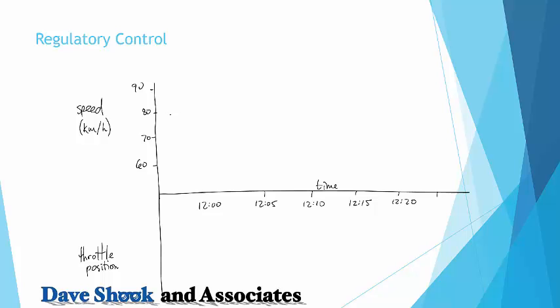Now let's say that in this case we have a constant set point for regulatory control, and it's 80 kilometers per hour. And let's look at what happens when we're driving along. Say we're driving along, and no one is perfect, so there will always be some fluctuations in speed either side of set point.